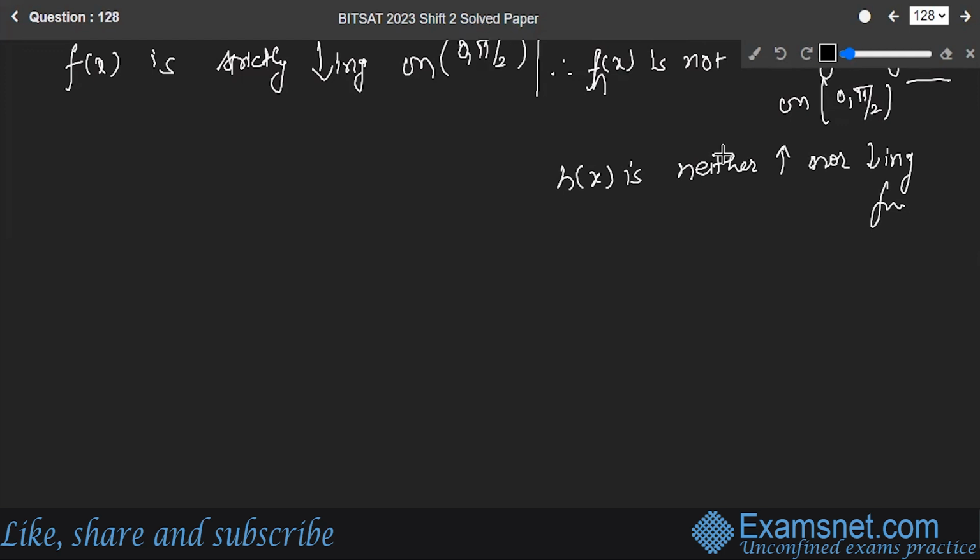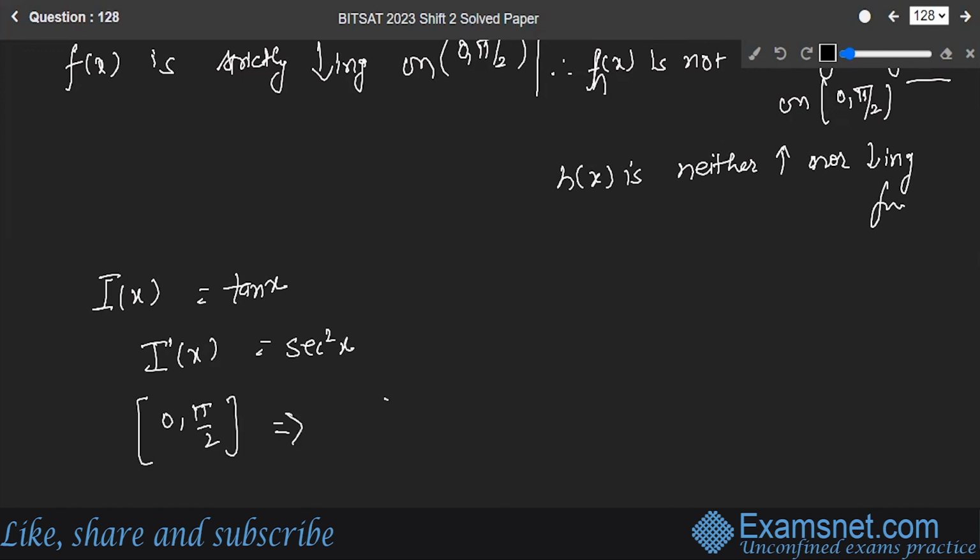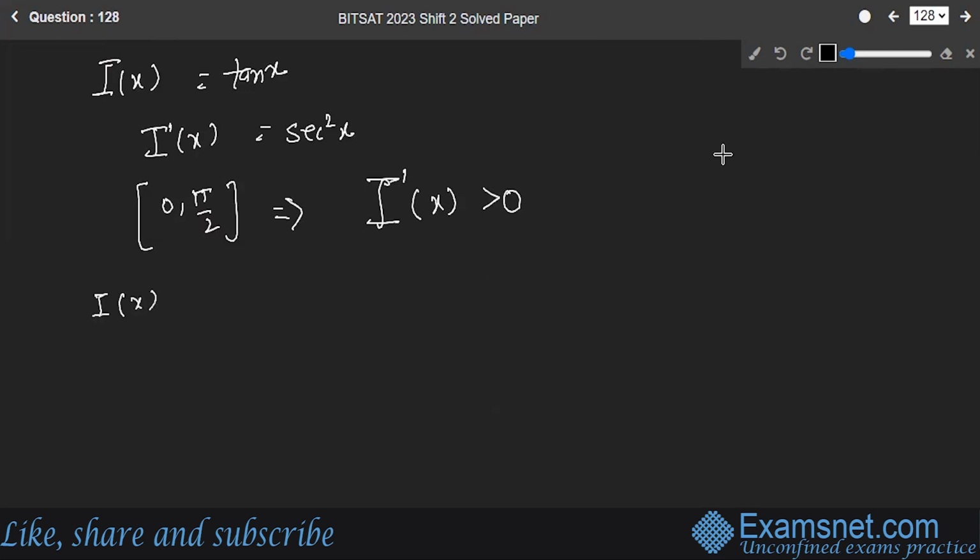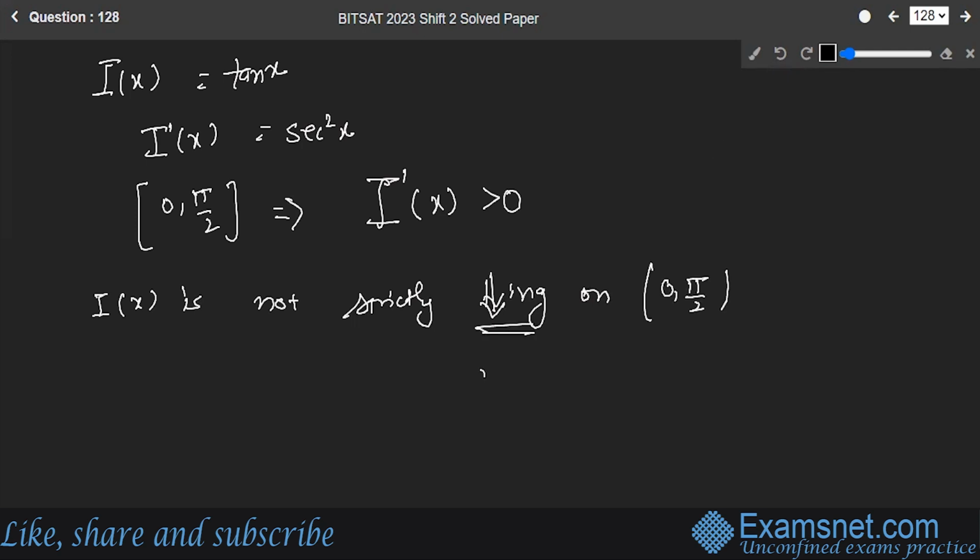Okay, hope you got this. And then now let's move to your i(x), which was equal to your tangent x. i dash x is secant square x. So now in the interval x belongs to 0 to pi by 2, this is always positive. Therefore, i(x) is not strictly decreasing on 0 to pi by 2. This is increasing.